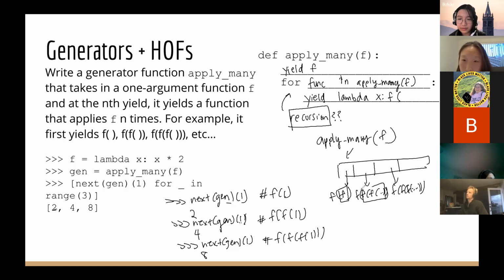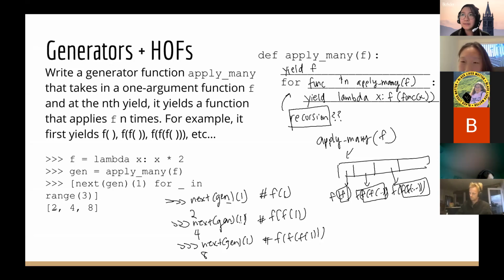So here it's f of f of f of f of f of f of, or in other words, you're going to yield lambda x: f of func of x. So this is just saying for every func that you generated, apply f to that and then yield that function. Okay, so I feel like this is a deceivingly short function, which is kind of complicated. So yeah, any questions?